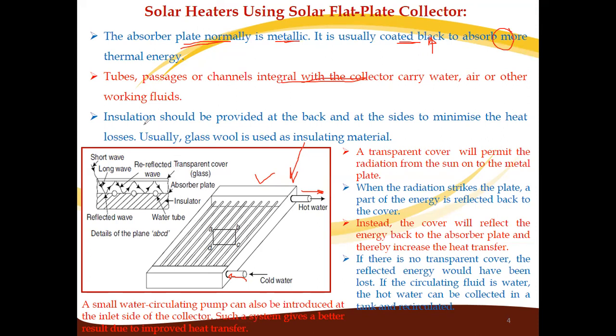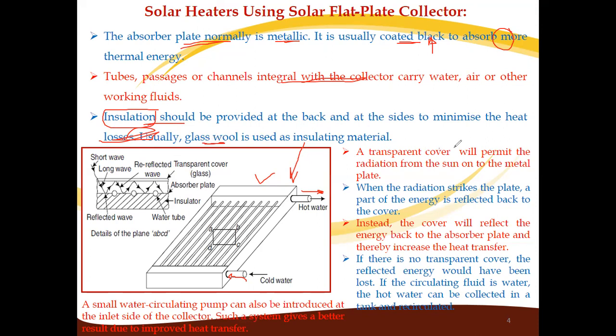Again, insulation is also provided at the back side and at the sides to minimize heat losses. Insulation is very important to minimize the heat losses, and usually glass wool is used as an insulating material.